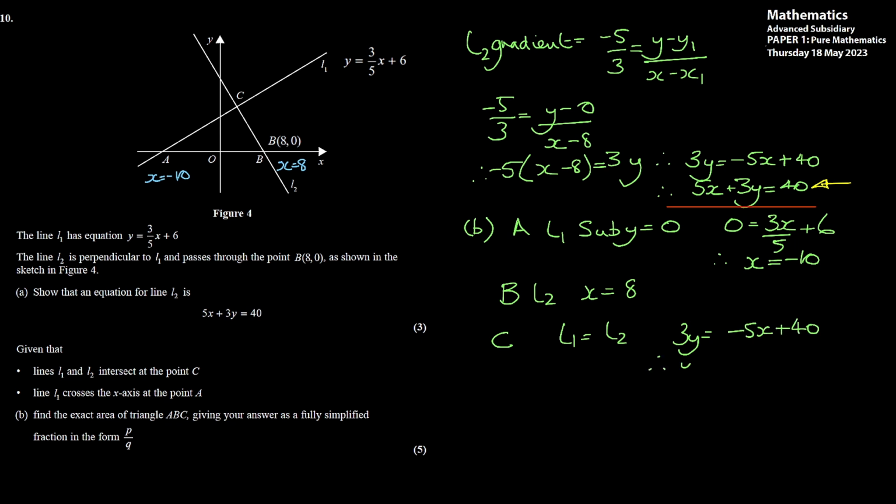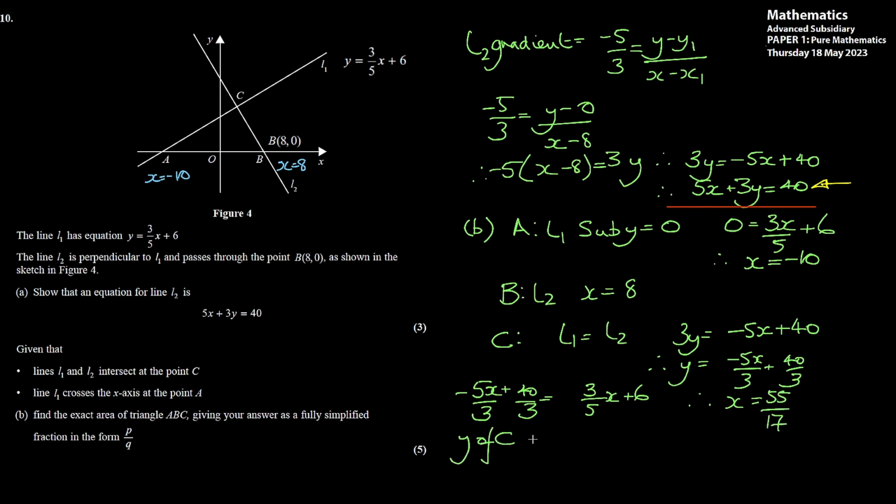And therefore, y is equal to negative 5x over 3 plus 40 over 3. So setting the two lines equal to each other, now that we've got y the subject of both of them, if we solve for x, we get that x is equal to 55 over 17. The y value of C, we just substitute 55 over 17 into either of our equations, and we will get the value of y is equal to 135 over 17.